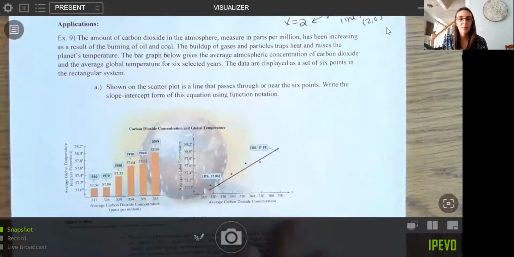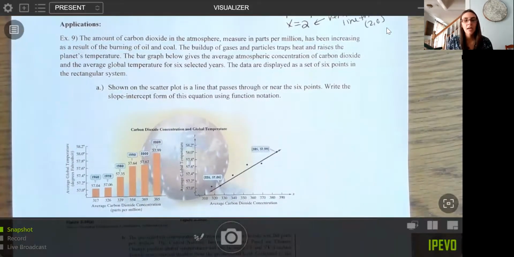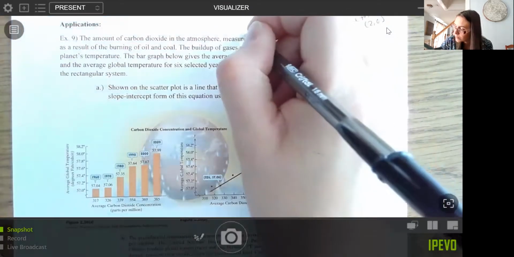All right, so one last example here I want to talk about for applications, kind of going back to that idea of our scatter plot and our regression that we did at the very beginning of this section. So this example is from your text. It says the amount of carbon dioxide in the atmosphere measured in parts per million has been increasing as a result of the burning of oil and coal.